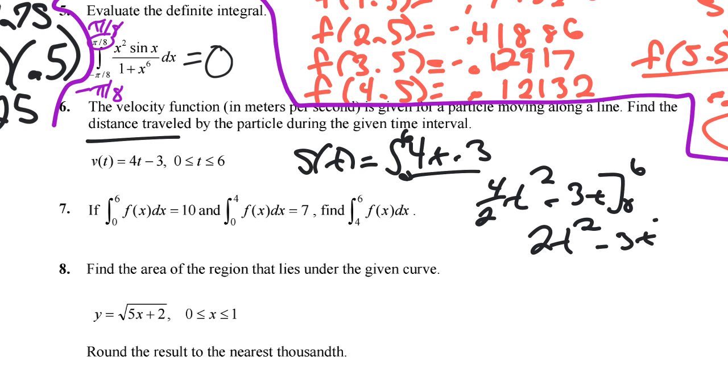And it doesn't, but you may want to check it out yourself. And so this is going to be 2 times 6 squared minus 3 times 6. If I plug in a 0, it's just going to be 0, so minus 0. And this becomes 54. So 54 meters.